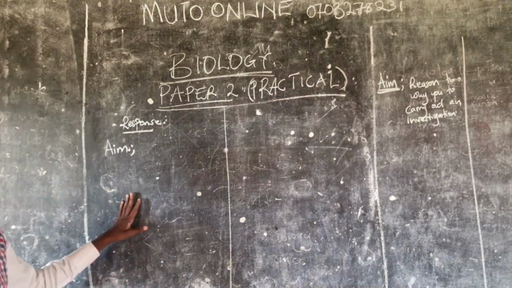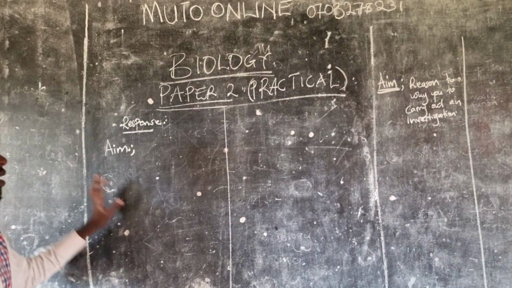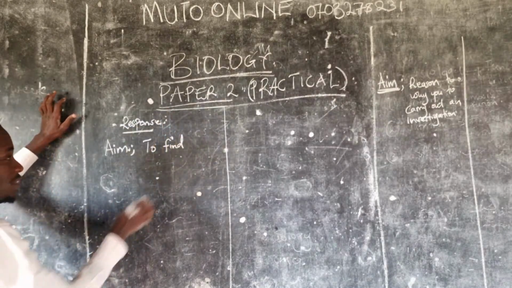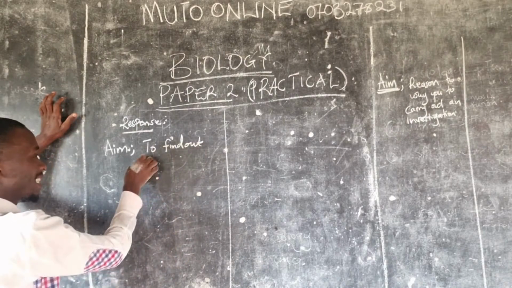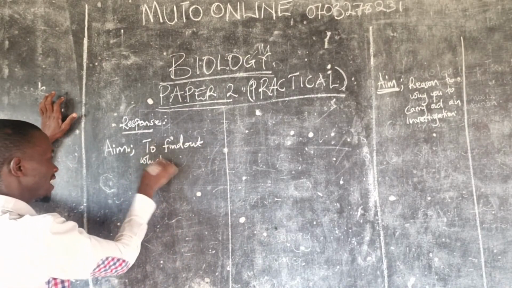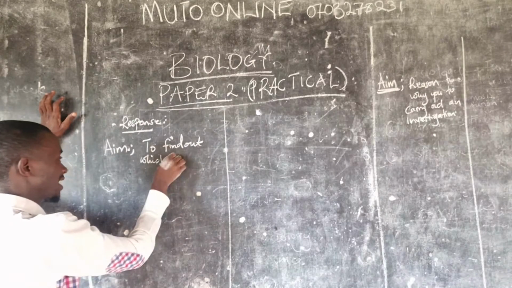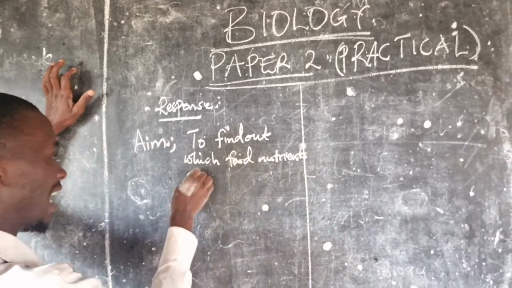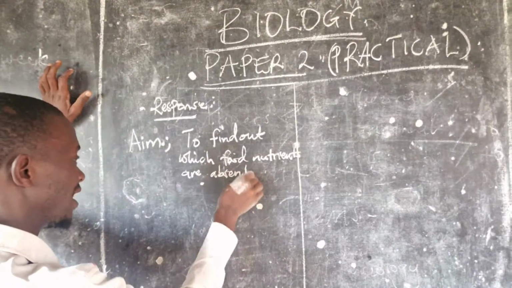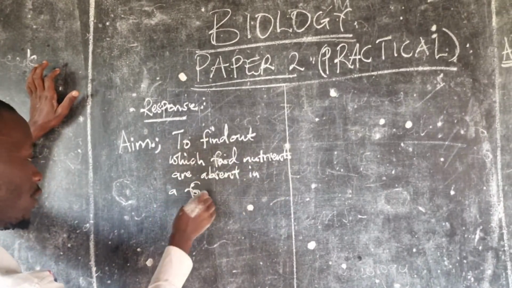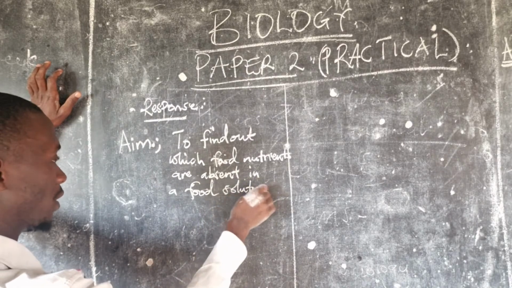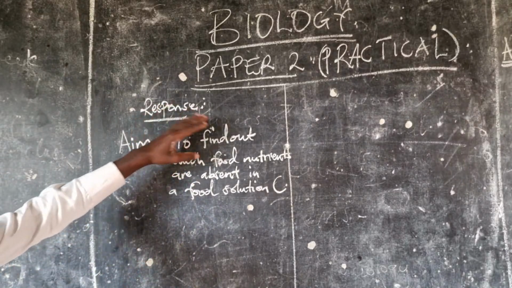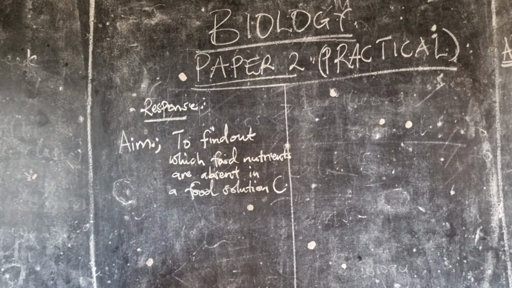So my aim will be an experiment to find out, or to investigate, which food nutrients are absent in food solution C. Now this is becoming my aim.